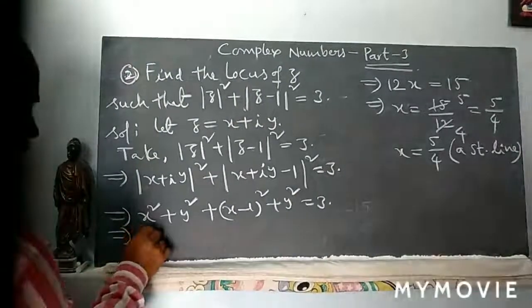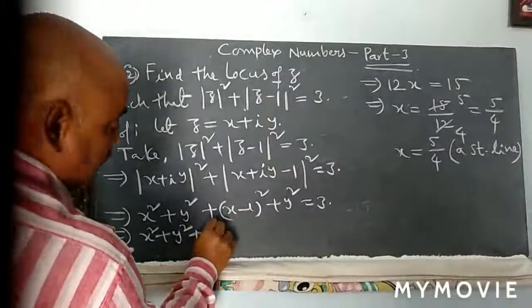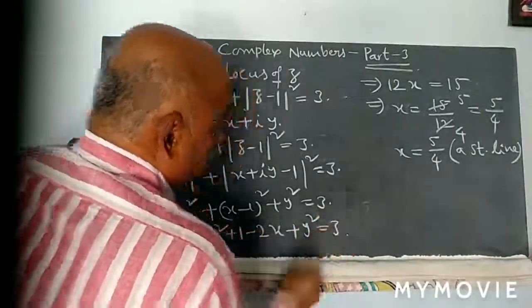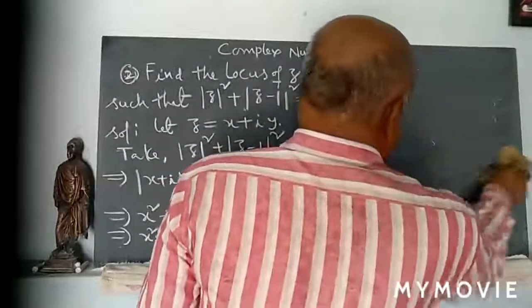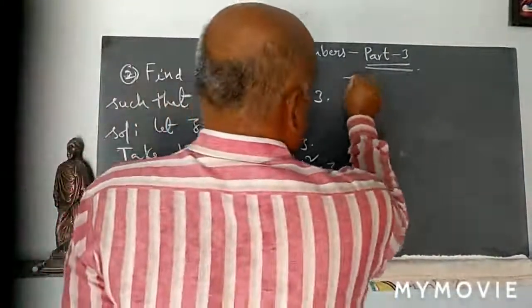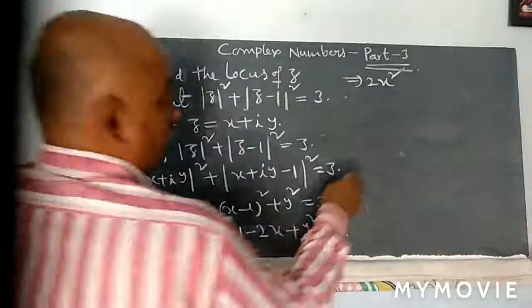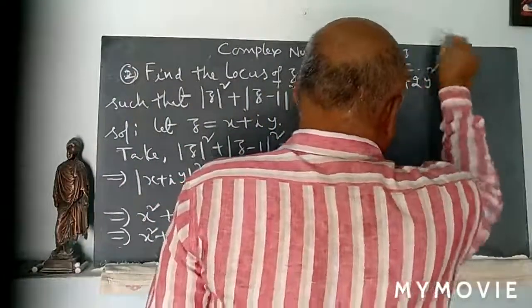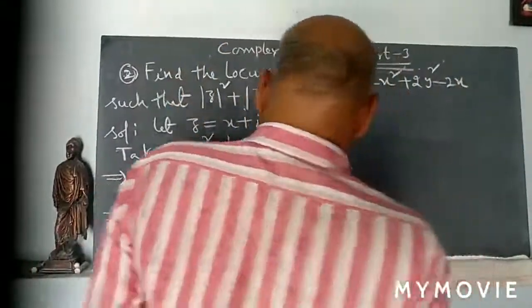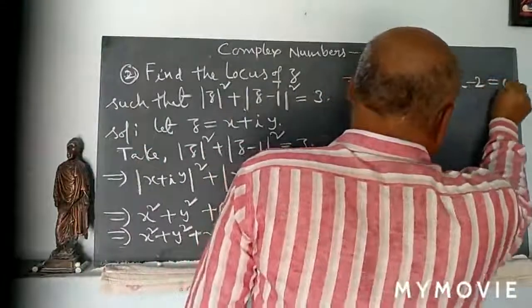So x² + y² + (x² + 1 − 2x) + y² = 3. Here x² plus x² is 2x², y² plus y² is 2y², so 2x² + 2y² − 2x + 1 − 3, which is minus 2, equals 0.